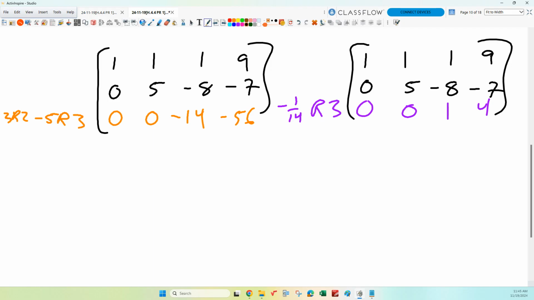Okay. Last step, we'd like to get this to be a 1. So what could I do? I could multiply by 1/5. That's fine. What's the only disadvantage of that?